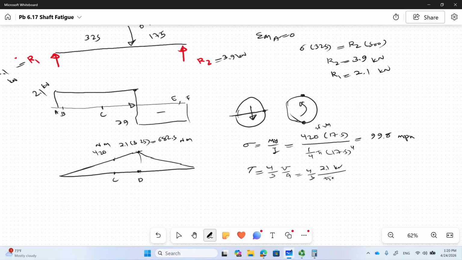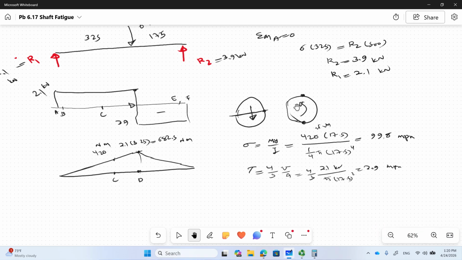The area is pi radius squared. So if you calculate this, you're going to find your shear stress to be 2.9 only, 2.9 megapascal. So when it comes to failure, it's more likely to happen on the outside surface.